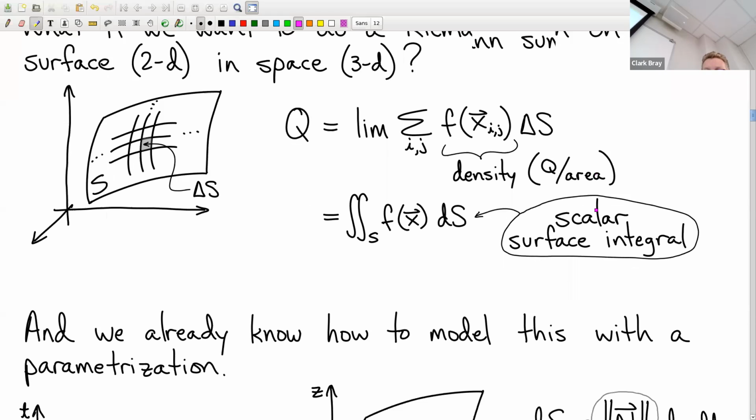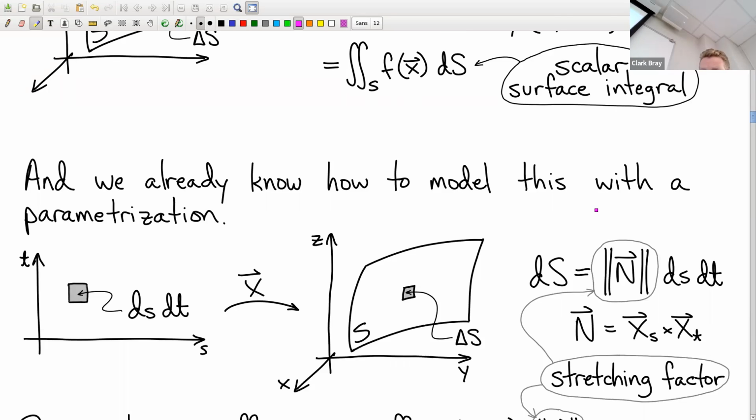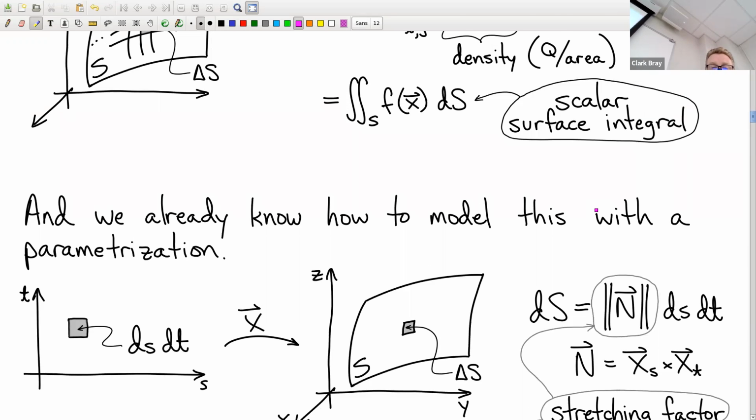Okay. I claim we actually already know how to compute these things, because what we really need is to be able to do a pullback on my surface. Well, I already know how to parametrize surfaces. And I'm also going to need to understand dS. Good news, we already know how to understand dS.